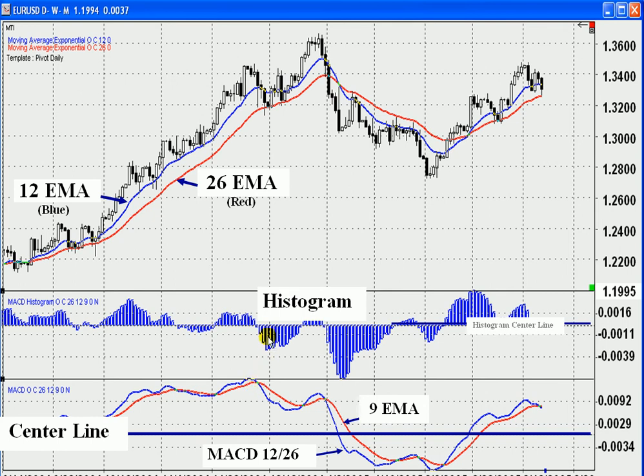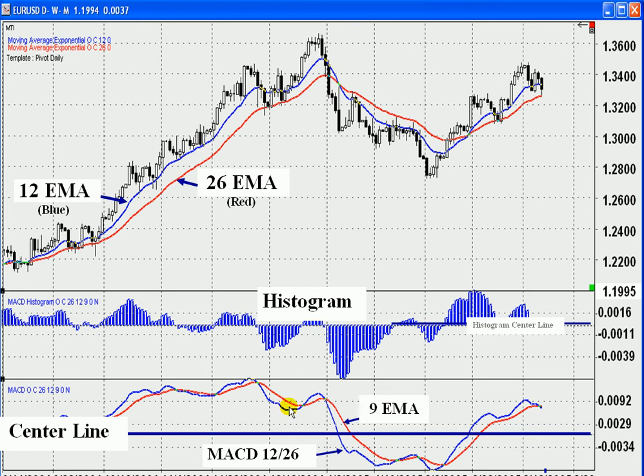This histogram simply corresponds with the breadth, or the distance, between the blue and the red line. So you see here as it expands or becomes wider, the distance becomes wider between the two indicators. The histogram is just a better visual graphic of the separation of the two.